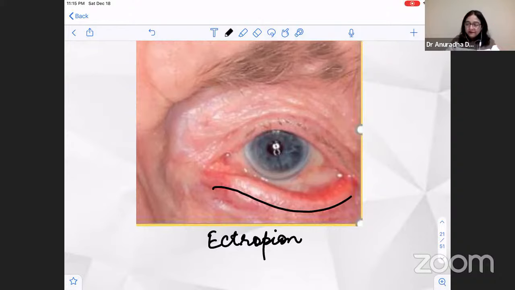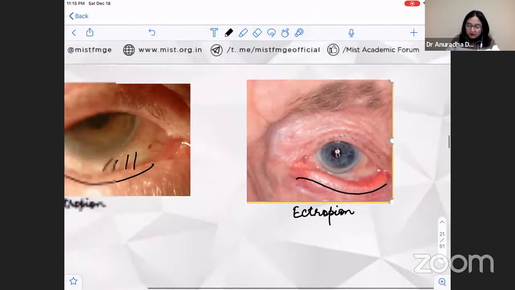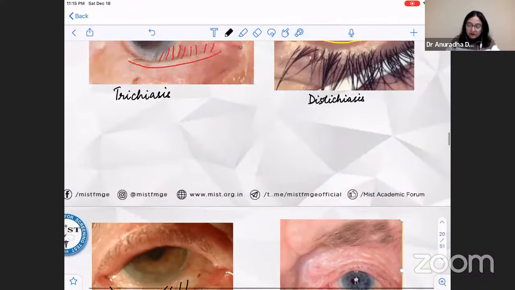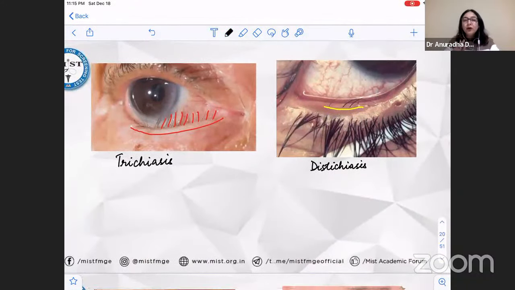So they can come as either. So we are clear what is entropion, ectropion. The difference between trichiasis and entropion is that in trichiasis only the lashes go inside, misdirected. In entropion, the whole of the lid margin is inward rolled.